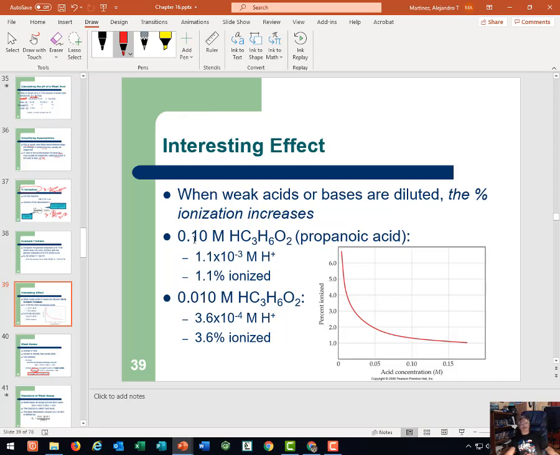So if we had a 0.1 molar concentration of propionic acid, we had 1.1% ionized. I diluted it by a factor of 10, and the percent ionization went up to 3.6% ionized. So as the concentration of weak acids and weak bases is diluted, the percent ionization increases. Something to remember.